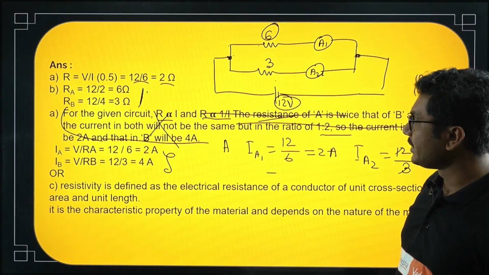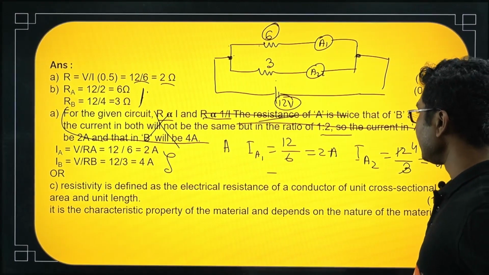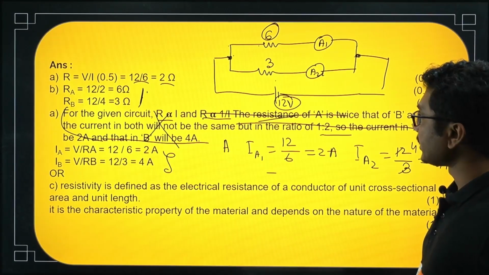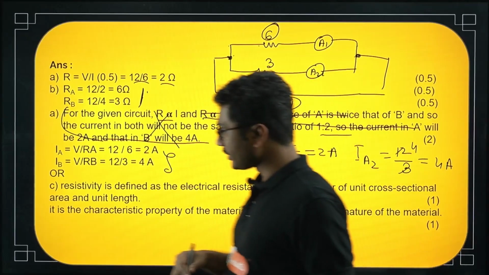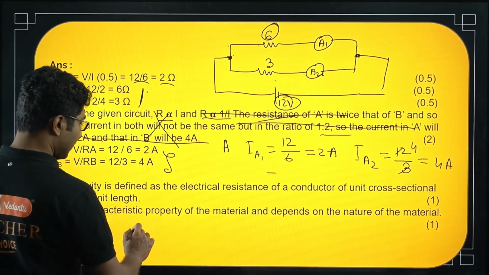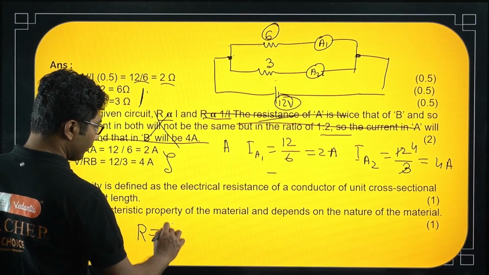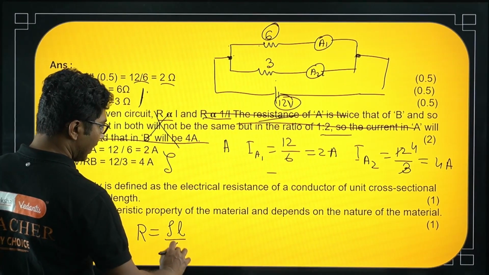Okay, the resistivity is defined as the electrical resistance of a conductor of unit cross-sectional area and unit length. So obviously the definition of resistivity, if you remember, we have discussed it in the past, that R is equal to rho L by A, right?